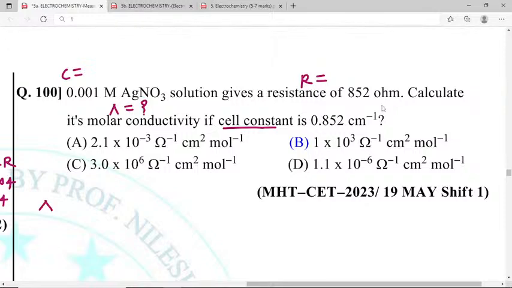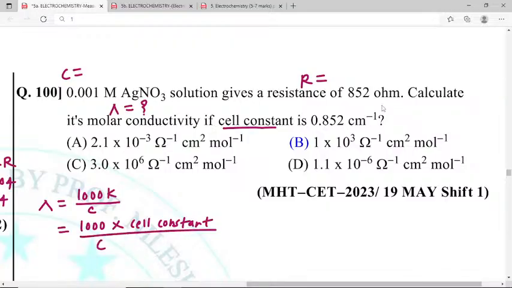Molar conductivity is equal to 1000 K by C, but conductivity is equal to cell constant divided by concentration C multiplied by resistance R. R stands for resistance. So substitute all these values.